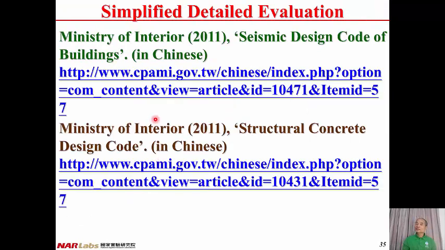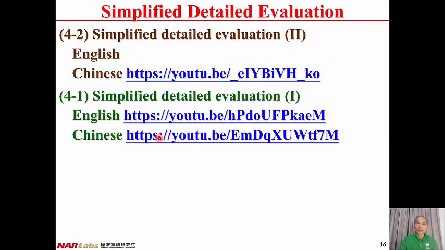And here are some references for this lecture. The first one is Seismic Design Code of Buildings, published in 2011 by the Ministry of Interior. The second one is the Structural Concrete Design Code, published in 2011, also by the Ministry of Interior. And these are the videos for Lecture 2.